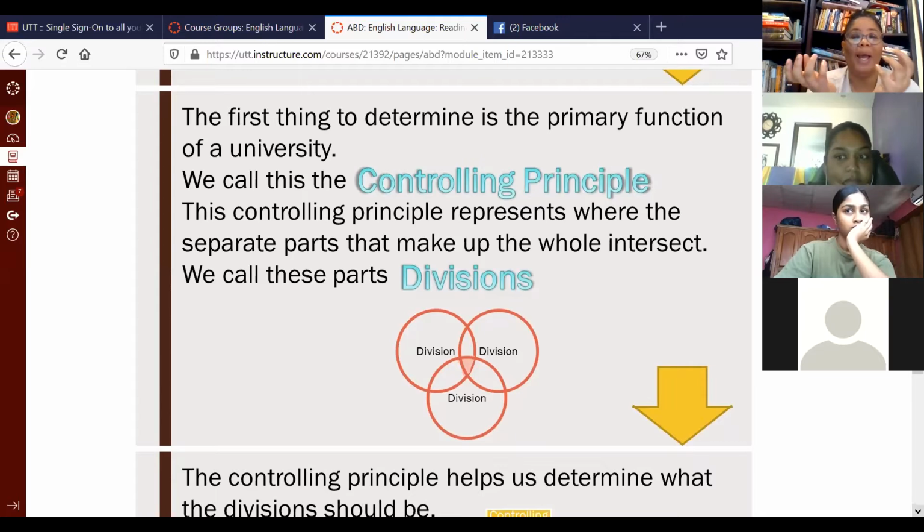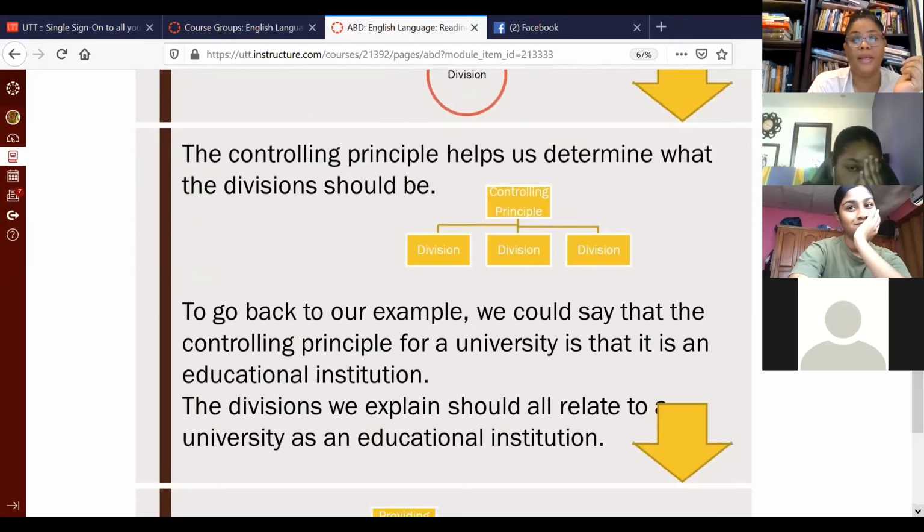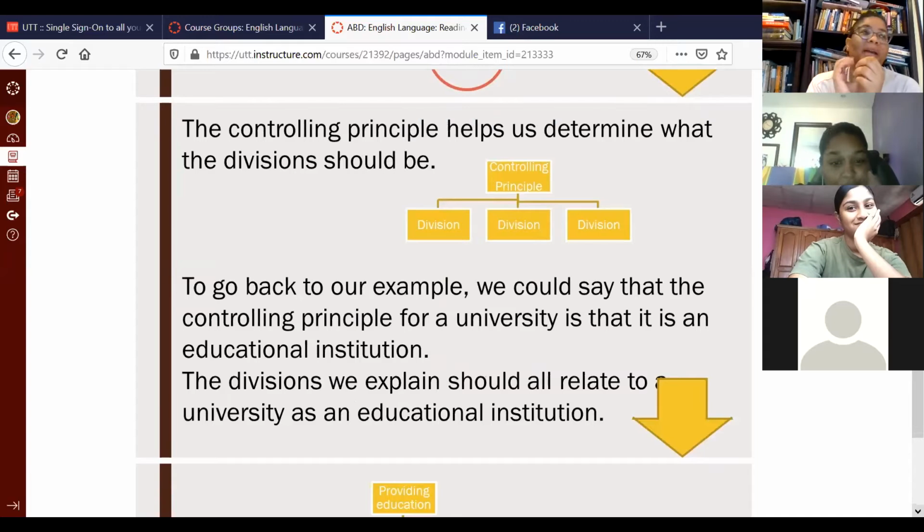And then you identify at least three or the three main intersecting divisions, right? These are the parts that come together to serve that controlling principle, to make that controlling principle happen. And we call those divisions. Right? So if you identify what the central function or the controlling principle is, then you can identify what are the different divisions that you need to discuss, right?